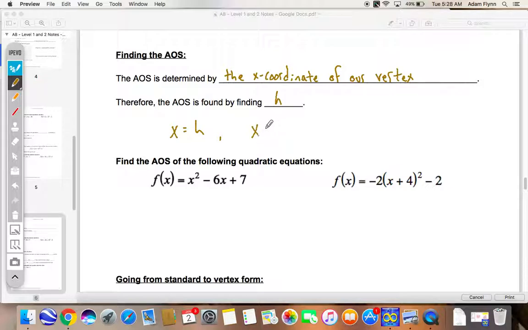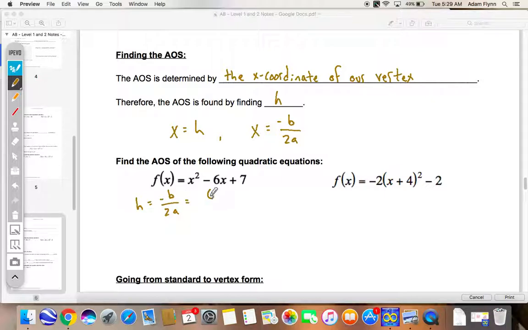Okay, so we have x equals h, and since h equals negative b over 2a, I'll just write it both ways right here. So if we find the axis of symmetry of these quadratic equations, I need to find what h is. So h is negative b over 2a. Negative b, so I need the opposite of negative 6.